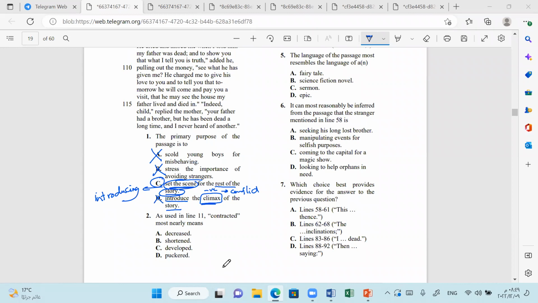So, if you are asked about the main idea of the passage, either you start by answering the specific questions and then come back to the general idea questions that target the main idea, or you can simply read the blurb.